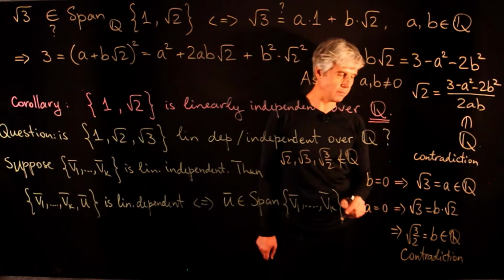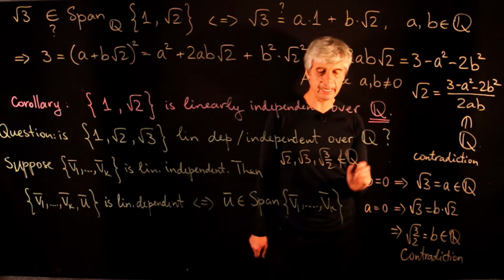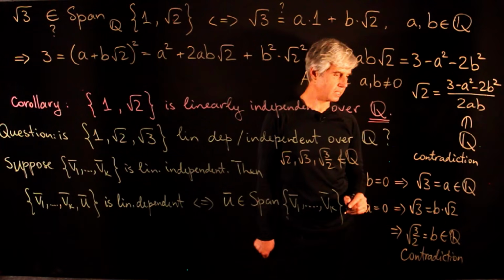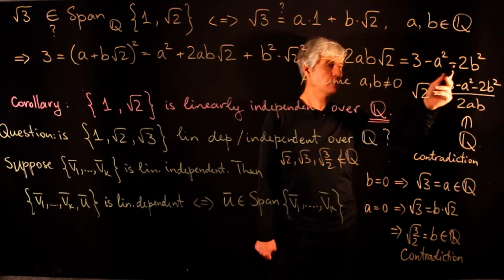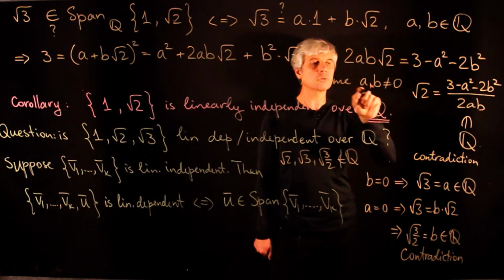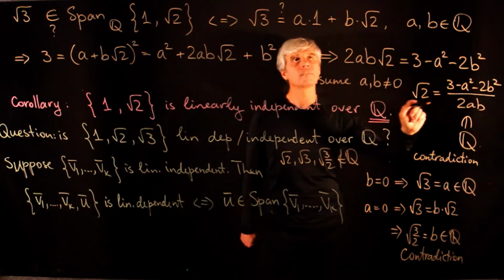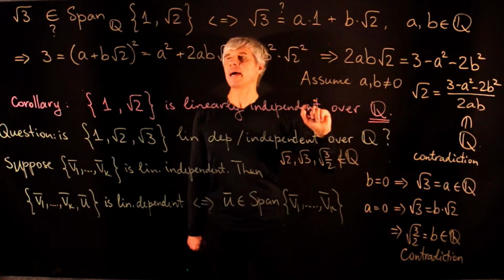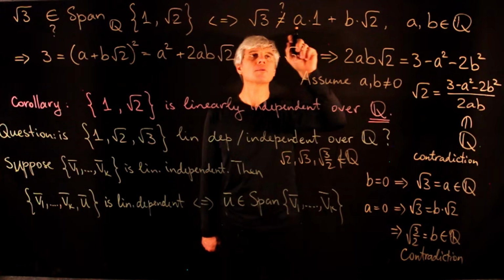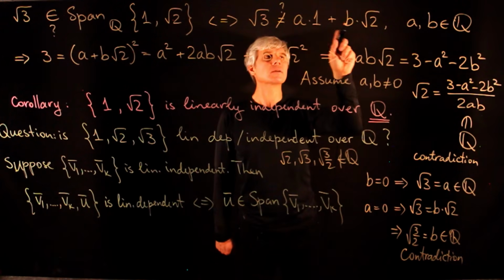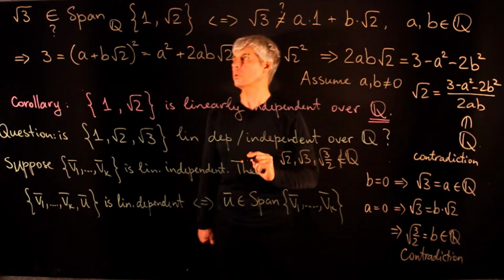The proof is easily modifiable to cover these cases. And so no matter what the situation with a and b is, we come to a contradiction. This means that square root of 3 cannot be written as a rational linear combination of 1 and square root of 2.